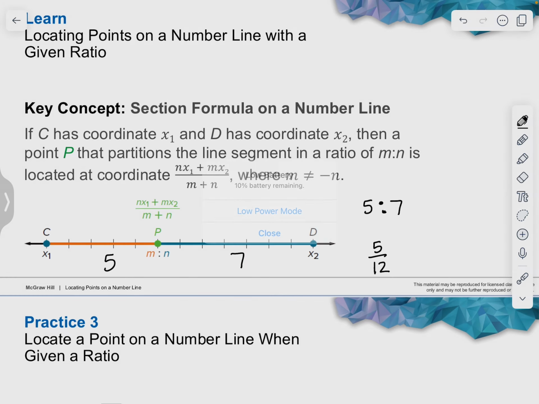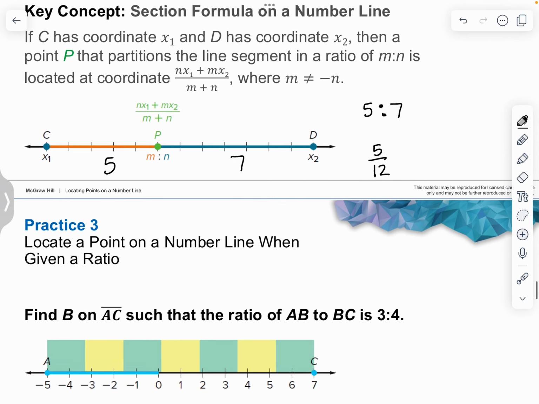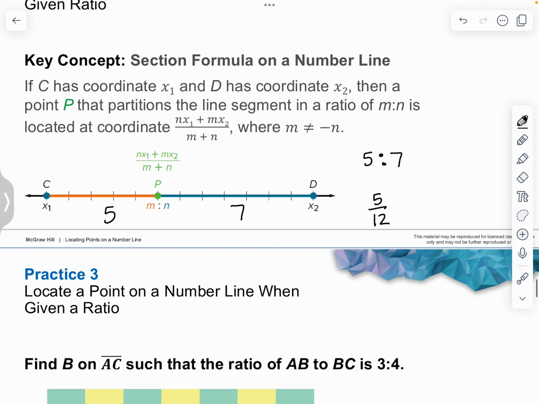Whereas a fraction, this would have been written as 5/12. So this is our equation that we want: nx1 plus mx2 over m plus n. Notice that m is on this side and n is on this side.